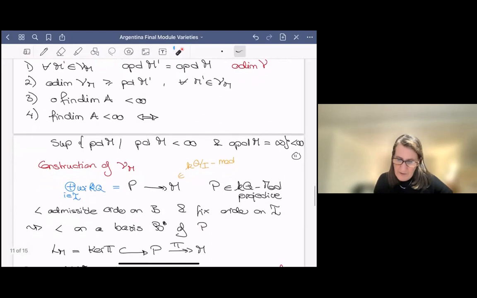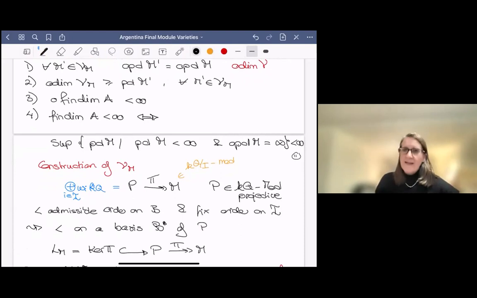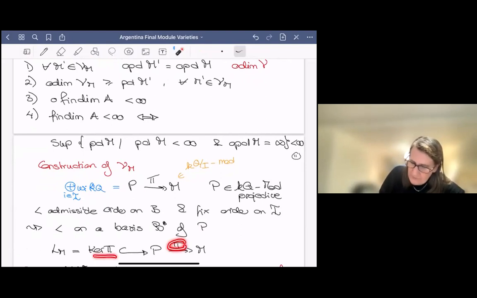And where do I do Gröbner basis theory now? Well, I should say I choose not only the projective, but also a surjection pi onto M. And the Gröbner basis is done on the kernel of that surjection.